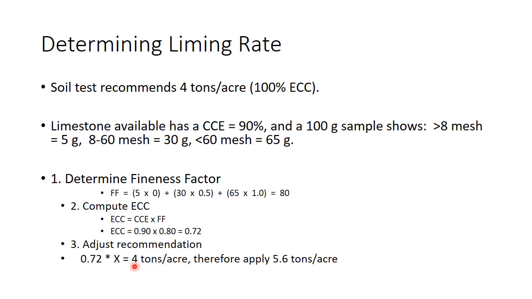If you think about this, if we have a lime that's only 72% effective, we're going to have to apply it at a rate that's higher than 4 tons to get that same 4 tons of ECC that was recommended based on the soil test. So we put 0.72 times x equals 4. We solve for x, so take 4 divided by 0.72, and we get 5.6 tons per acre.